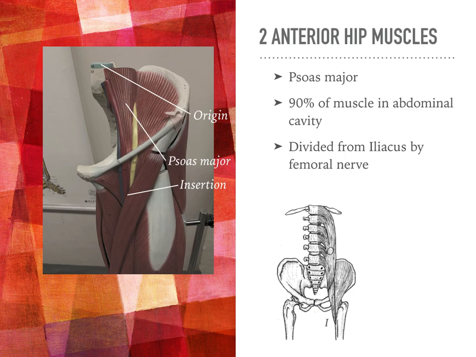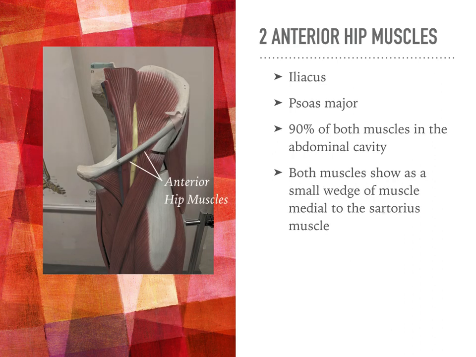So this is the smallest group of all the muscles we're studying, with only two muscles here, the iliacus and the psoas major. And again, in most superficial pictures, you're only going to see a tiny little wedge out from under the body wall. And sometimes you have the nerve in a picture, sometimes you don't, but you know the two little muscles that you see up there are the iliacus and the psoas major.